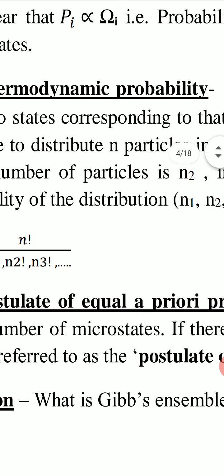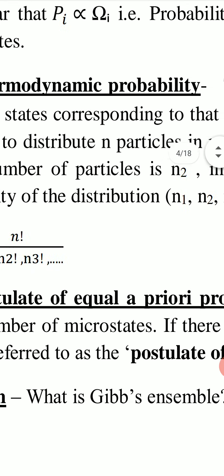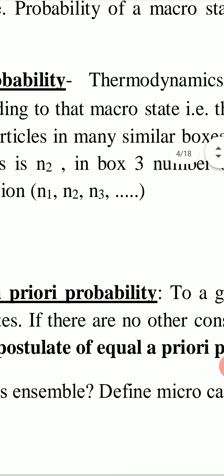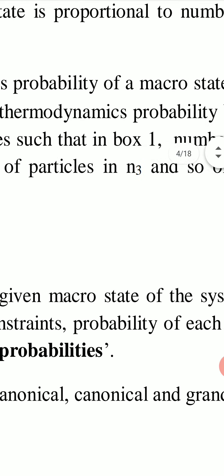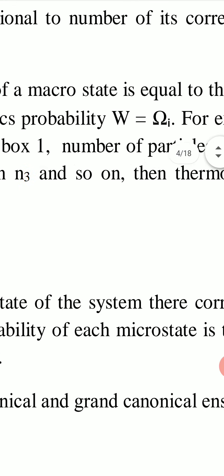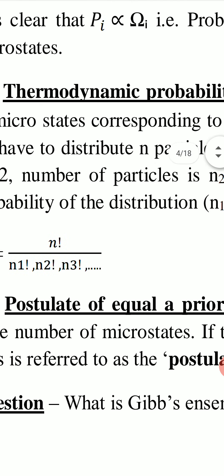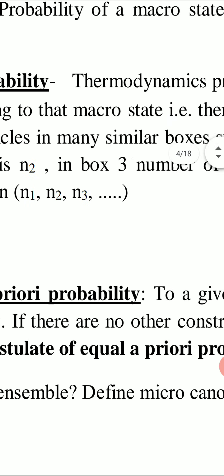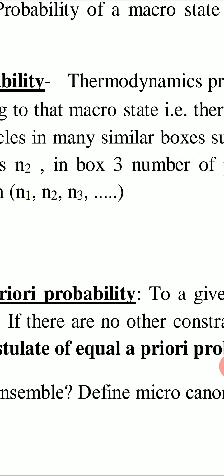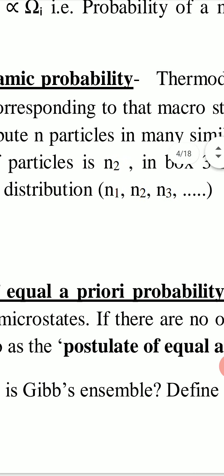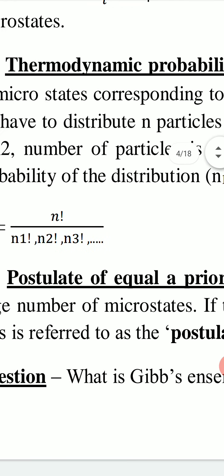Thermodynamic probability. Now we will define thermodynamic probability. Thermodynamic probability of a macrostate is equal to the number of microstates corresponding to that macrostate. So the number of microstates corresponding to a given macrostate is known as thermodynamic probability.